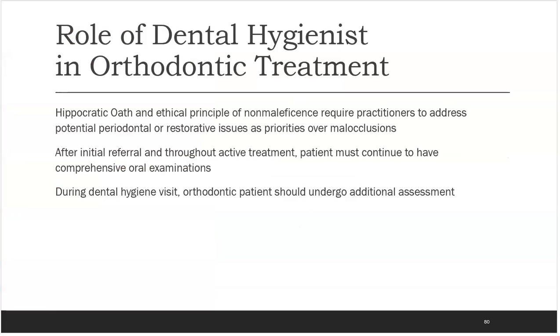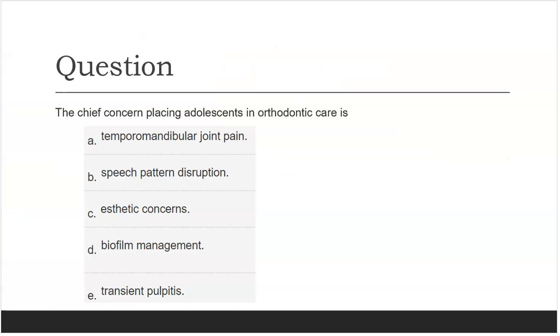Okay, here's another question. The chief concern in placing adolescents in orthodontic care is: A, temporomandibular joint pain, B, speech pattern disruption, C, aesthetic concerns, D, biofilm management, or E, transient pulpitis. The main concern when we're working with teenagers is biofilm management.